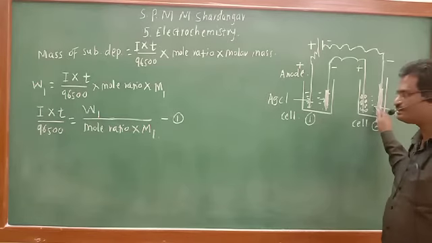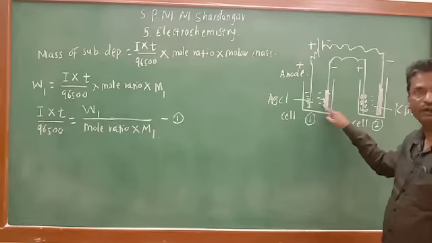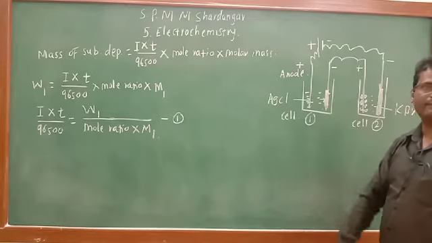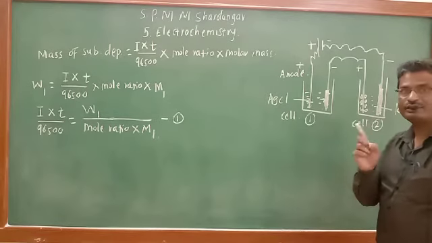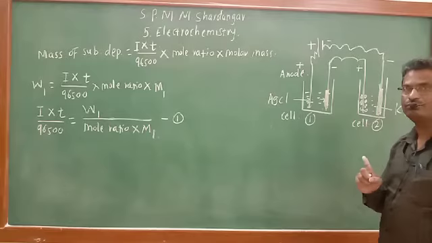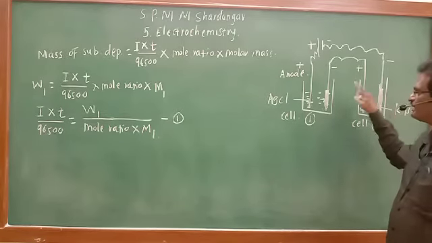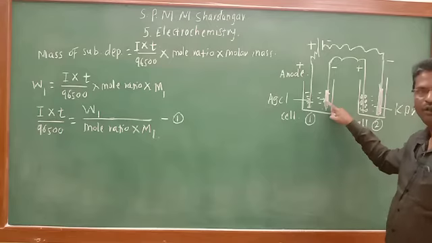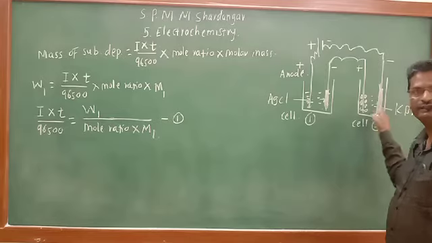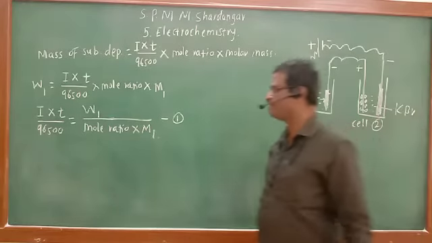Or if we know the potassium, we can calculate silver. So those calculations I am telling here. You are not calculating independently now. If we know the mass of potassium, we can calculate the mass of silver. Or if we know the mass of silver, we can calculate the mass of potassium. Those calculations I am telling over here.